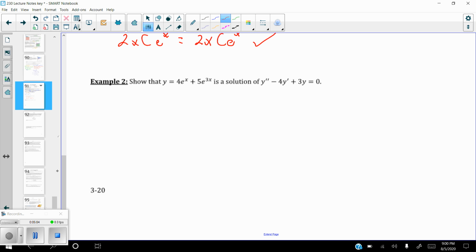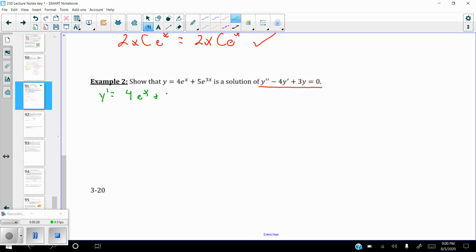In number 2, show that y equals 4e to the x plus 5e to the 3x is a solution to this differential equation. So it looks like I not only need y, I not only need y prime, but I'm going to need y double prime. So let's find those two things first. So y prime, my derivative, is, let's see, it's going to be 4e to the x. That doesn't change. The next one will involve a little bit.